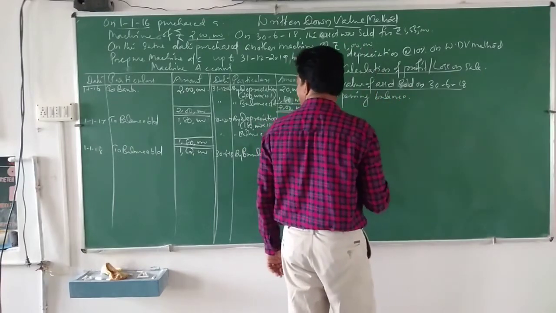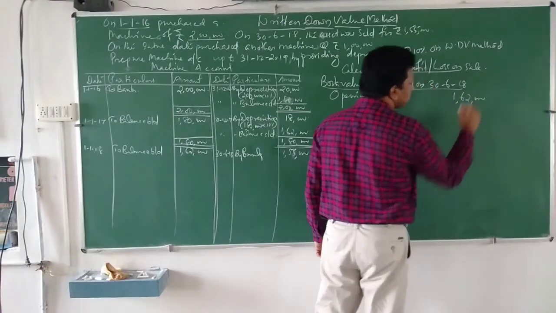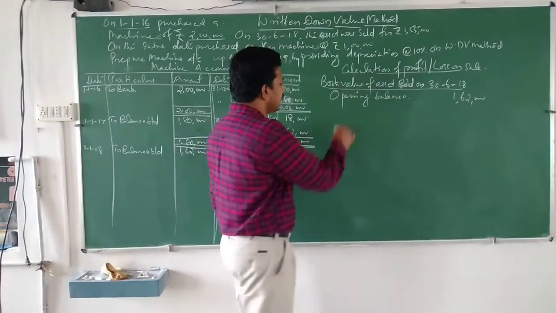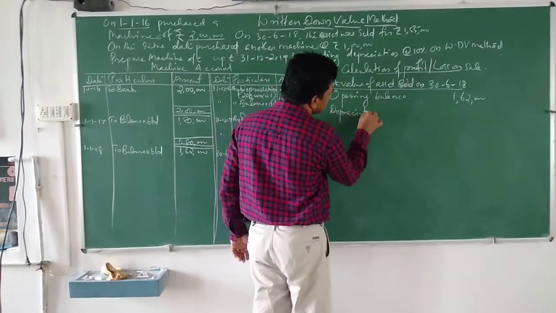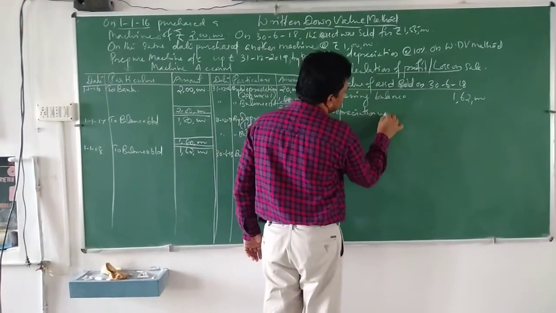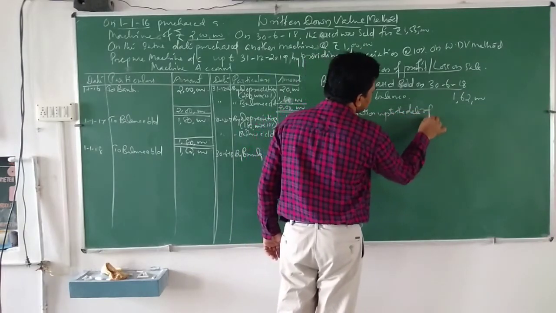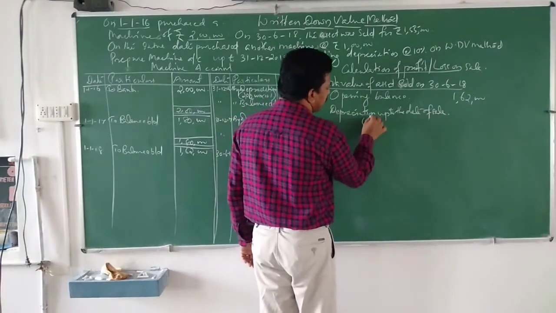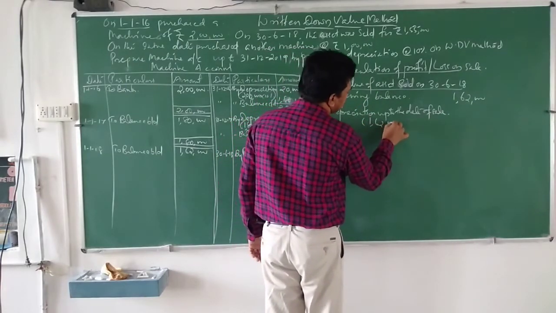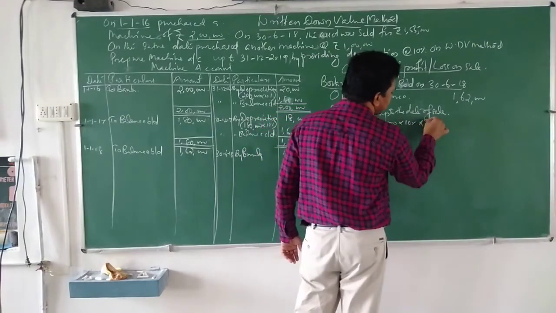How much? 1,62,000. Isn't it? Then depreciation up to the date of sale. That means 1,62,000 into 10% into 6/12.